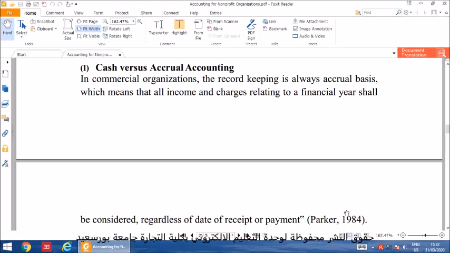So, this point we did study during the first semester in the first year. In commercial organizations, the bookkeeping is always accrual basis, which means that all income and charges relating to a financial year shall be considered regardless of date of receipt or payment.